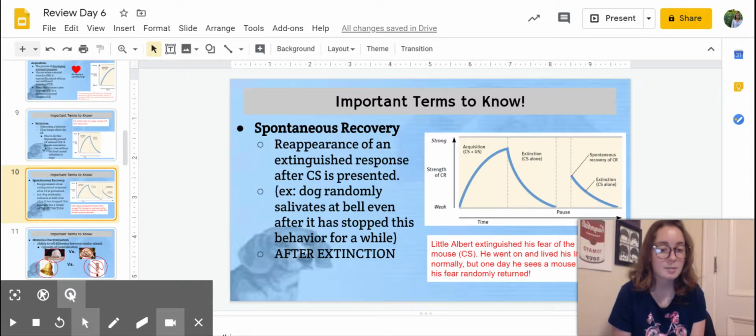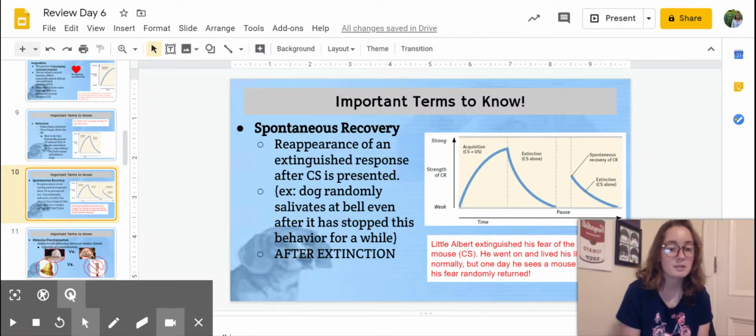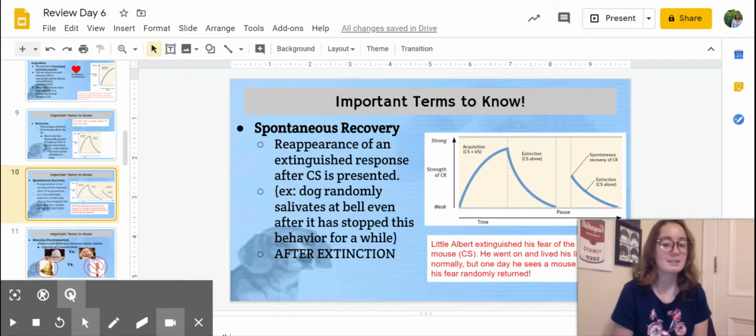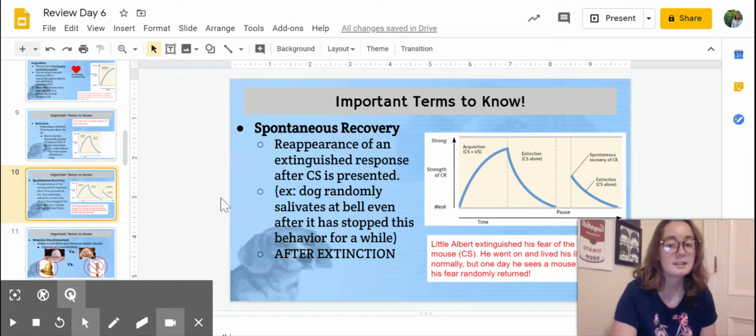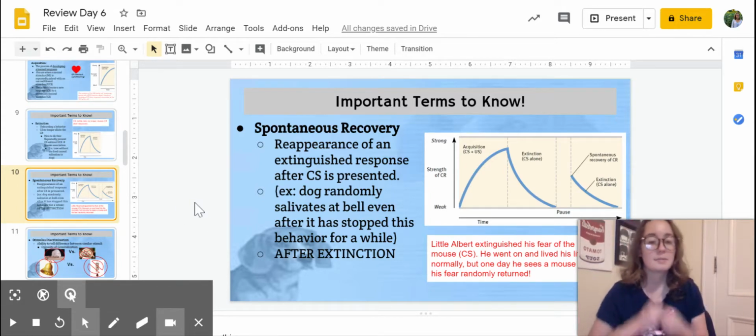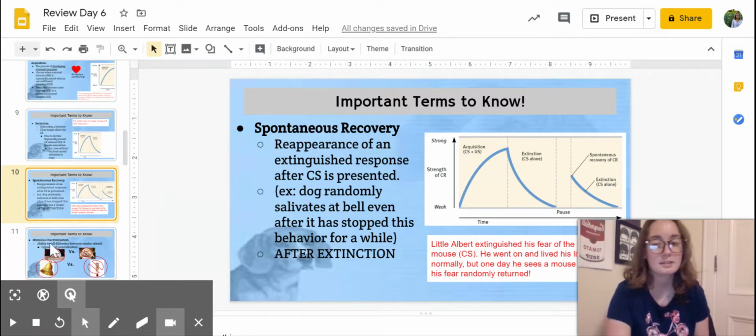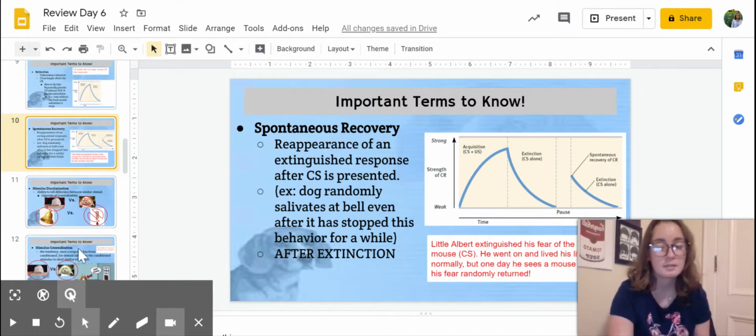Same thing with Little Albert. Potentially, he extinguished his fear of white furry things, but then 15 years down the road, he saw a little white rat and randomly, spontaneously had that fear response, even though he hadn't had it for a very long time. So spontaneous recovery just randomly happens even after it's been extinguished and there's no longer that learned relationship.